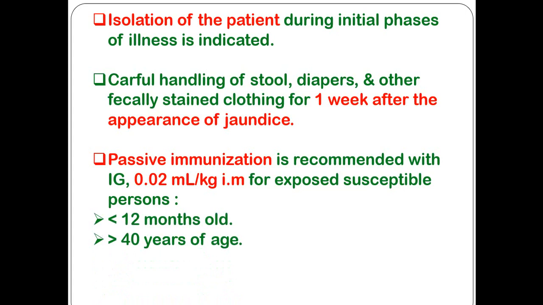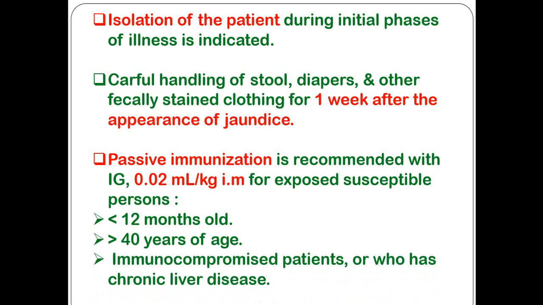So, if there is an idea that viral hepatitis in children is not contagious and cannot be transmitted to adults, this is wrong. Those who are more than 40 years of age and exposed to hepatitis A virus may be susceptible to contract the infection, so passive immunization is important.